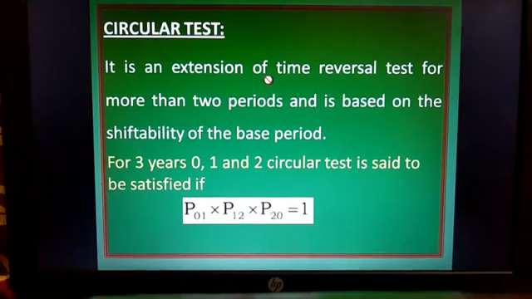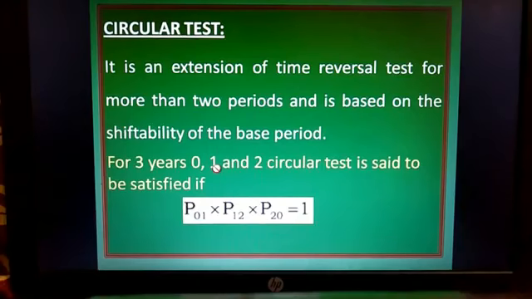It is an extension of time reversal test, it seems. What is time reversal test? We have to recall now. P01 multiplied by P10 was time reversal test. Only when 0 and 1 are the given numbers, for example, assume these two are the only two given numbers, 0 and 1.